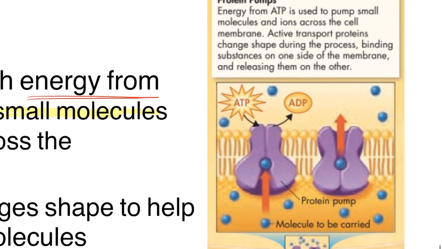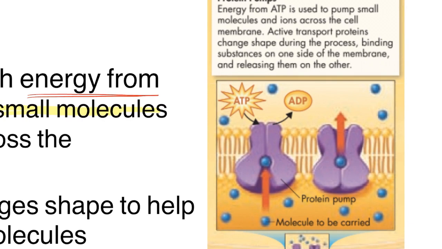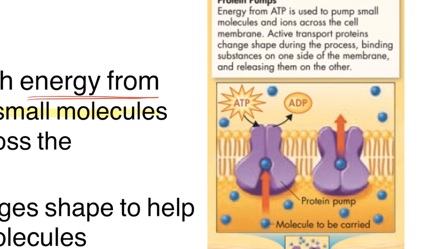So if we take a look at this protein pump and our pictures here, what I can see is inside the cell, I have some molecules that need to be carried, and outside the cell, I have some that need to get out. Now, I actually don't like this picture because it doesn't make it super obvious where the high and low concentration gradient is. So what I want us to do is draw in some more solute things.